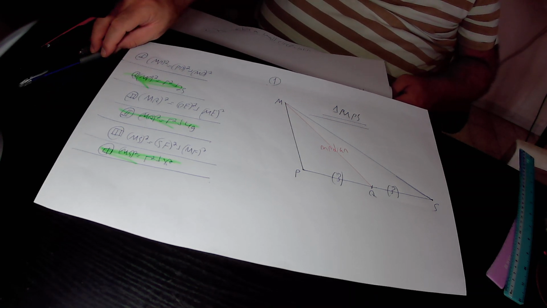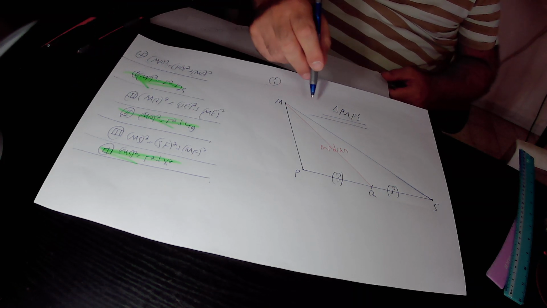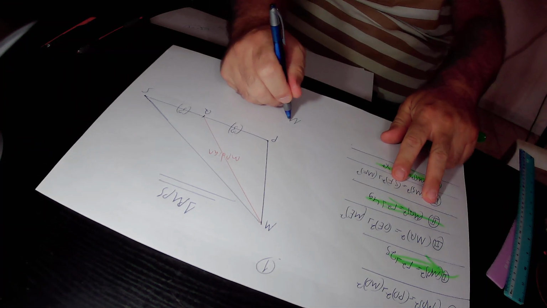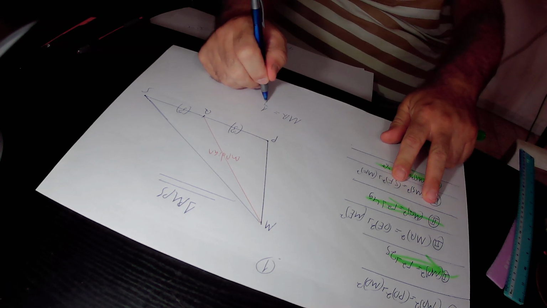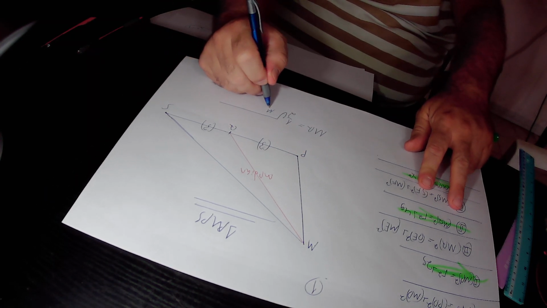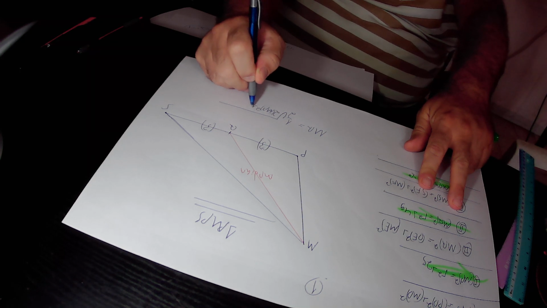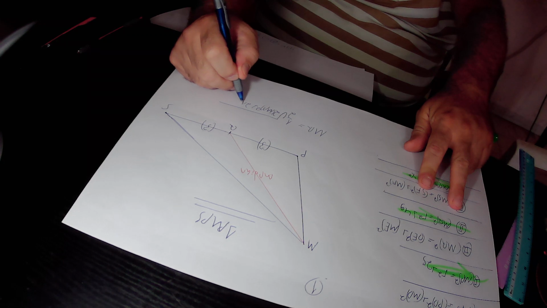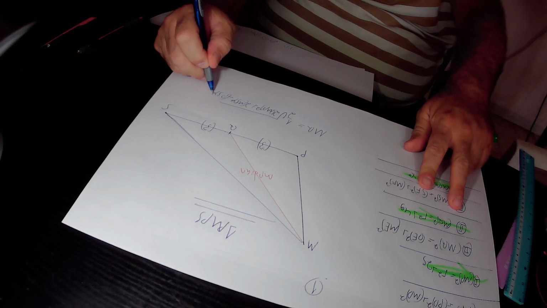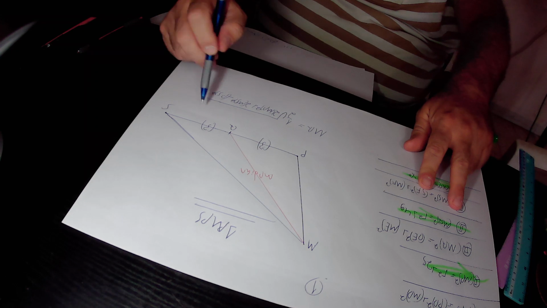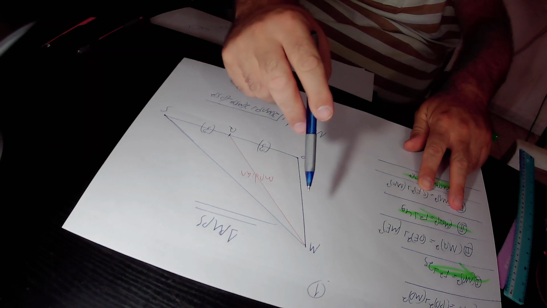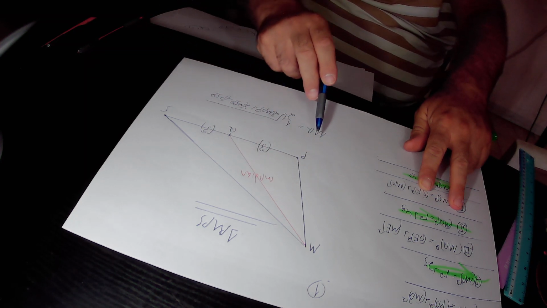According to the new formula, the length of the median MQ will be equal to 1 over 2 times the square root of 2 times MP squared plus 2 times MS squared minus PS squared.